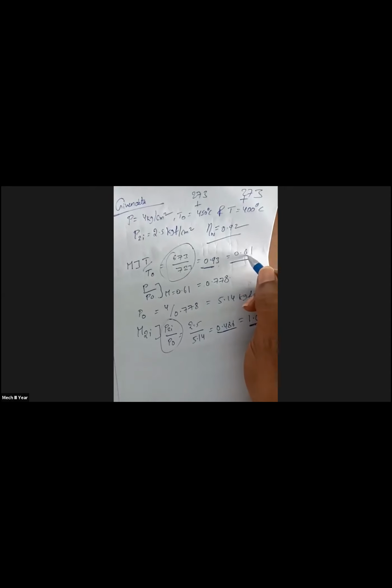This is from the gas dynamic tables. Here also we take the temperature ratio 0.93, where the Mach number is 0.61. Similarly, we go through the pressure table. In the pressure ratio table, 0.486, the Mach number comes as 1.07. That is, the Mach number is above 1, so high speed.